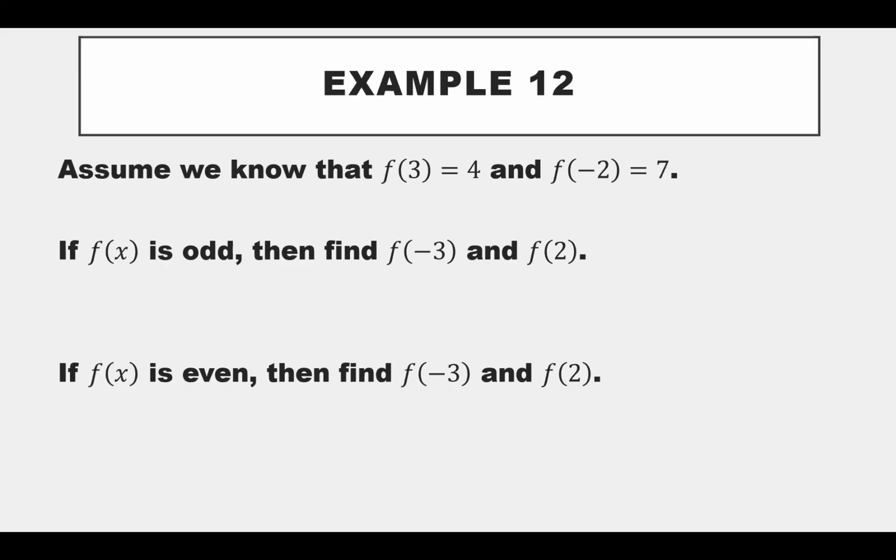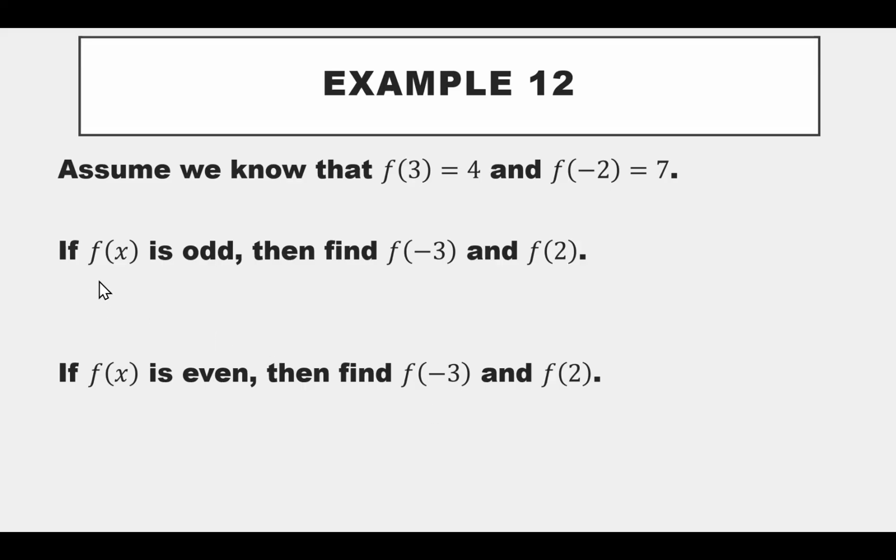So that's what example 12 asks us to do. It says, assume that I know something about my function. First off, assume that I know f of 3 is equal to 4 and f of -2 is equal to 7. Therefore, I know the function goes through the point 3 comma 4 and the point -2 comma 7.